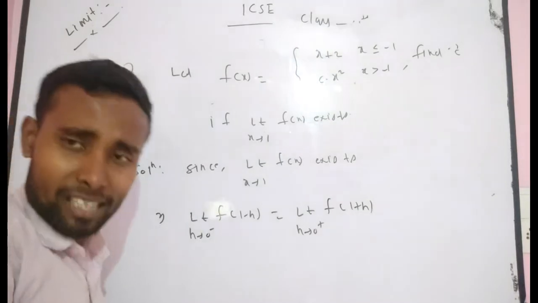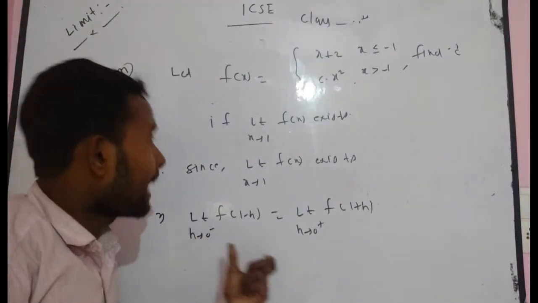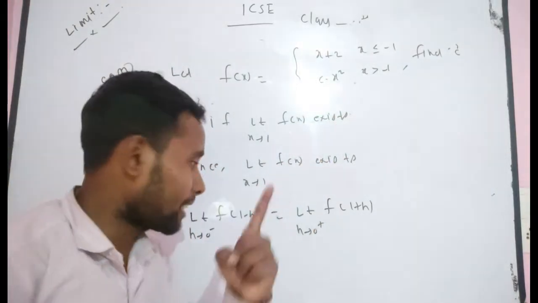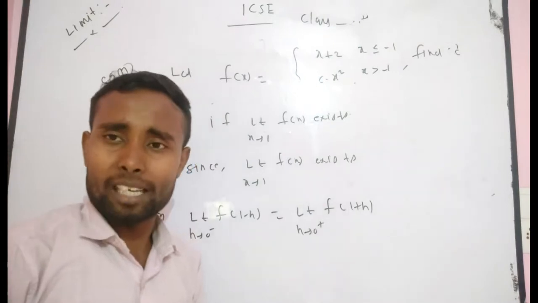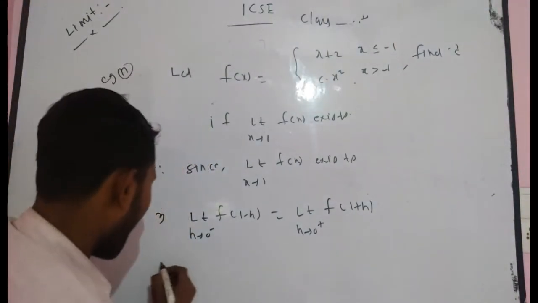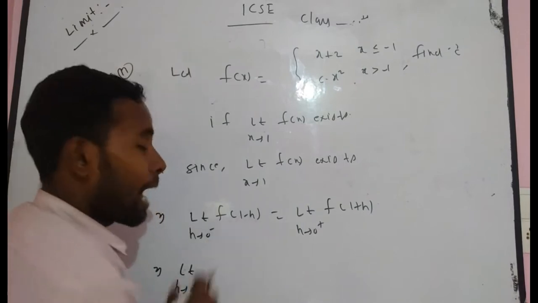I have written it directly. Here in this problem, it is given that the limit exists. If the limit exists, then the left hand limit equals the right hand limit, that is LHL is equal to RHL. That implies the limit as h tends to 0 from the left hand side of f(1 minus h).